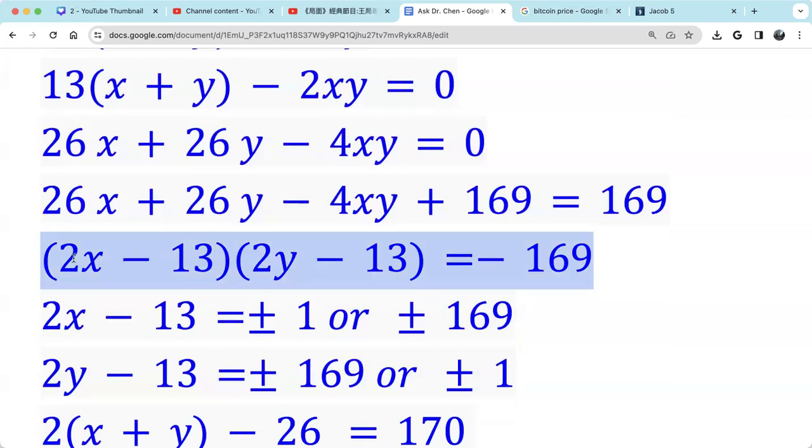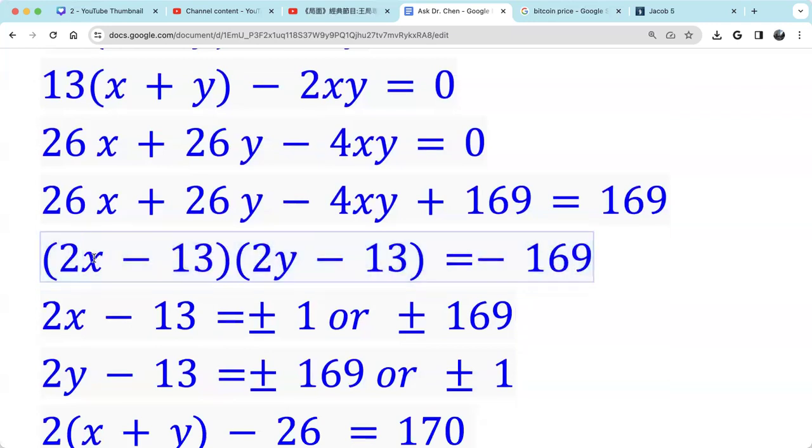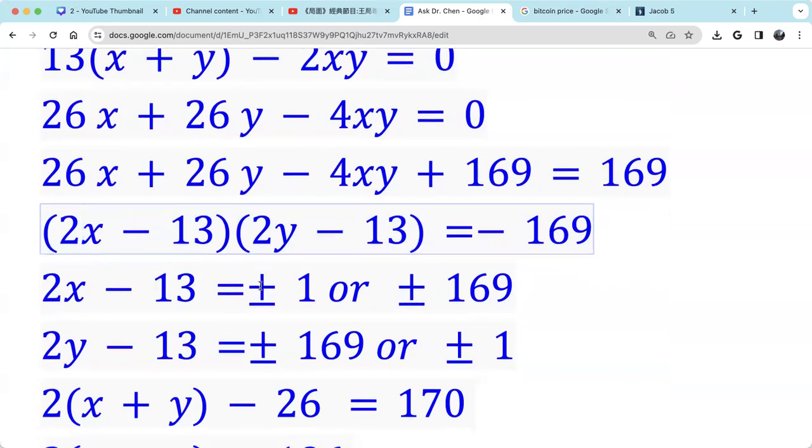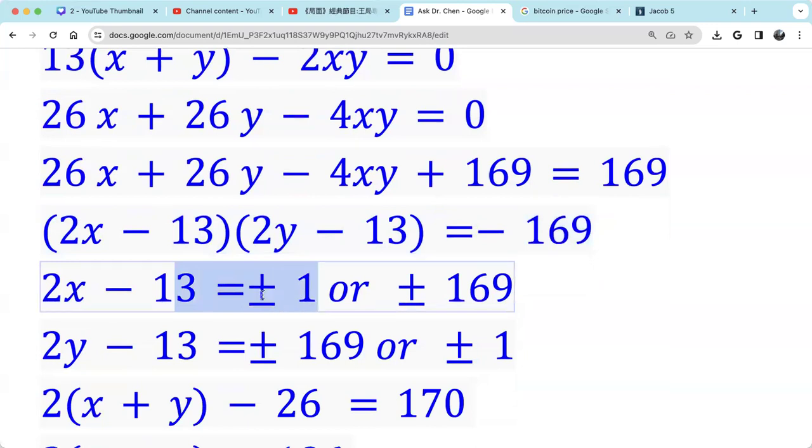But that will make x and y equal to each other. But we're given x not equal to y, so we want to find other solutions. So the other factors of 169 are 1 and 169 itself. So each factor can be either positive or negative 1 or positive or negative 169.